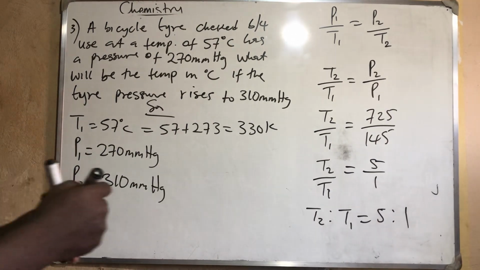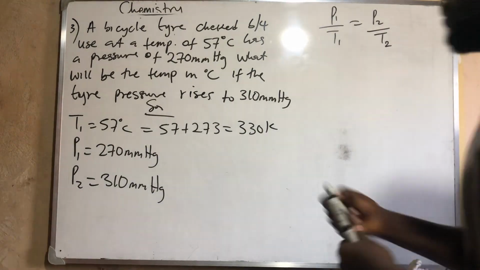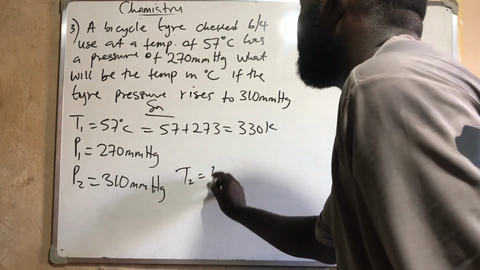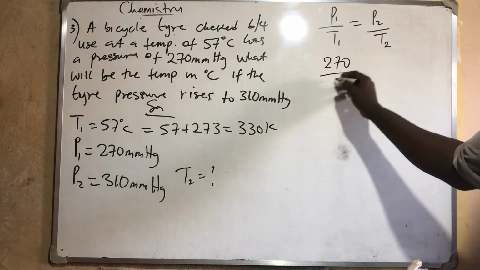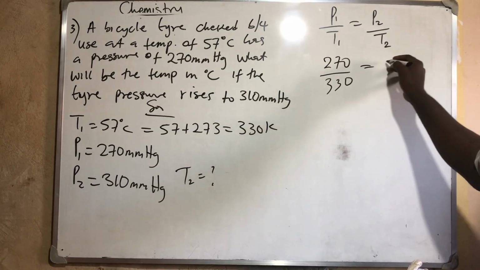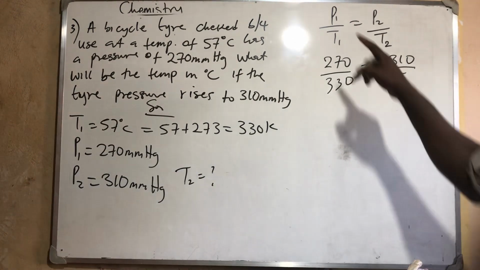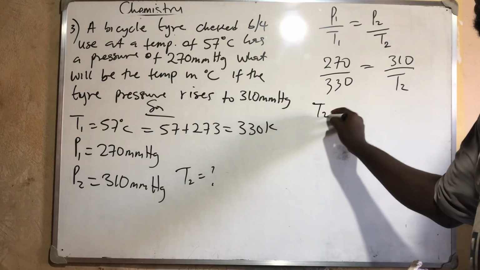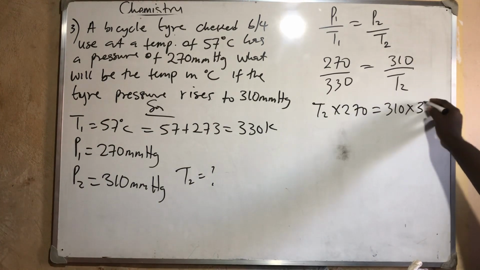Now let us find our second temperature, T2, which is unknown. So P1, 270 over T1, 330, is equal to P2, 310 over T2. Cross multiply to have T2 times 270 is equal to 310 times 330.